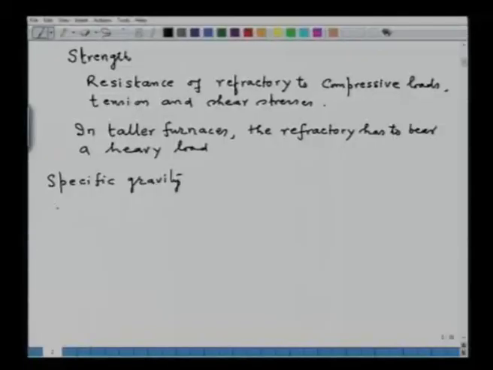Next important property is the so-called spalling. Now, spalling of the brick is a very important property of a refractory material, because this corresponds to fracture of refractory.